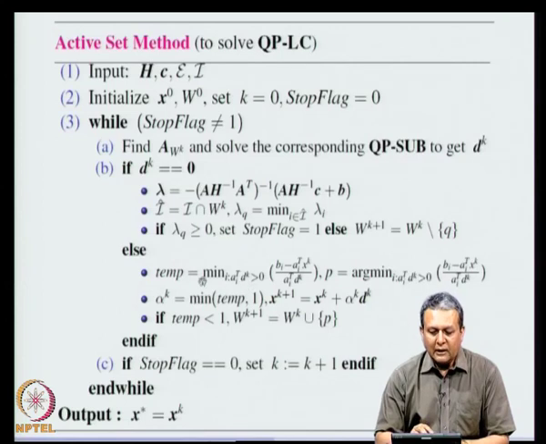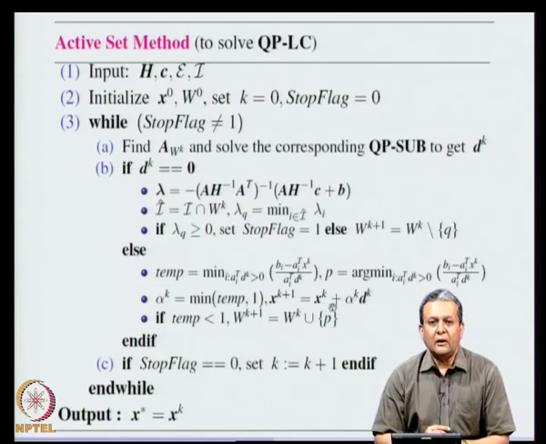Now, if that quantity is less than 1, then we have to worry about overstepping, but if that quantity is 1 or more, then certainly alpha k can be set to 1, which essentially means that we can take a full step of length 1 without worrying about feasibility, and then xk plus 1 is set as xk plus alpha k dk.